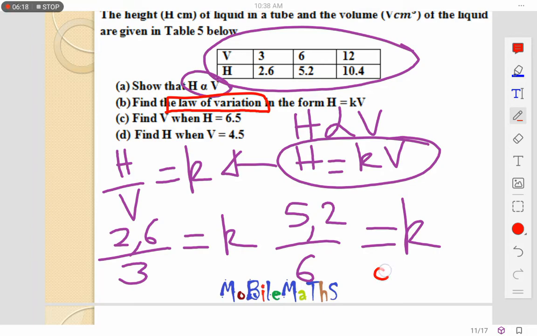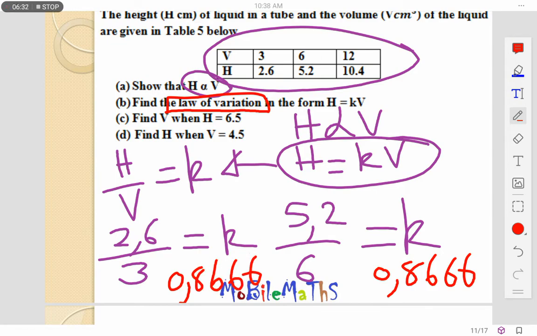I'm getting 0.866. Let's see for 2,6 divided by 3. I'm getting also 0.866. So it means we have shown that H is varying directly with V.